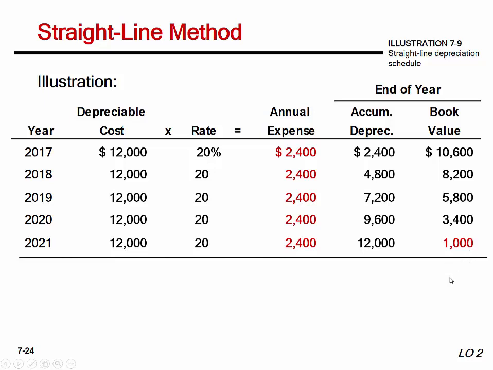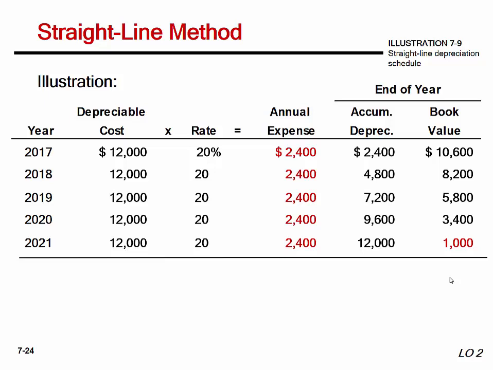Now, something I want to say here about this straight line method, because it's so easy and very, very straightforward, that's why a lot of people use it. I want you to make sure that you understand that what we are trying to do here is just expense the asset out over its useful life.